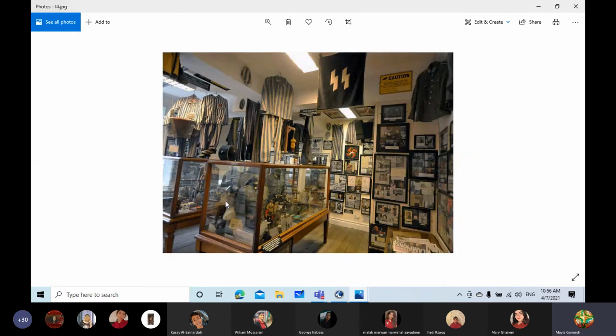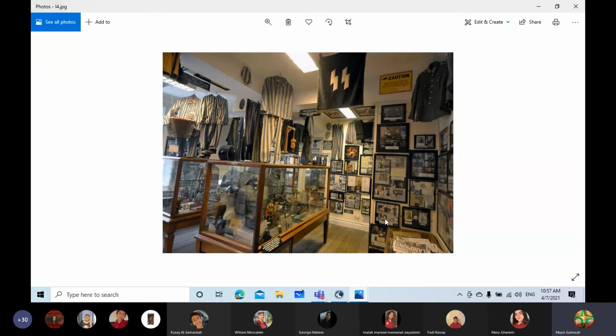And let's have a look at this picture also, the last picture, and if you look at it you can see clothes in here. So what are these clothes about? Who can tell me? Uniforms for the prisoners. Yes, these are the clothes that the prisoners were wearing when they were at Little Dean jail.